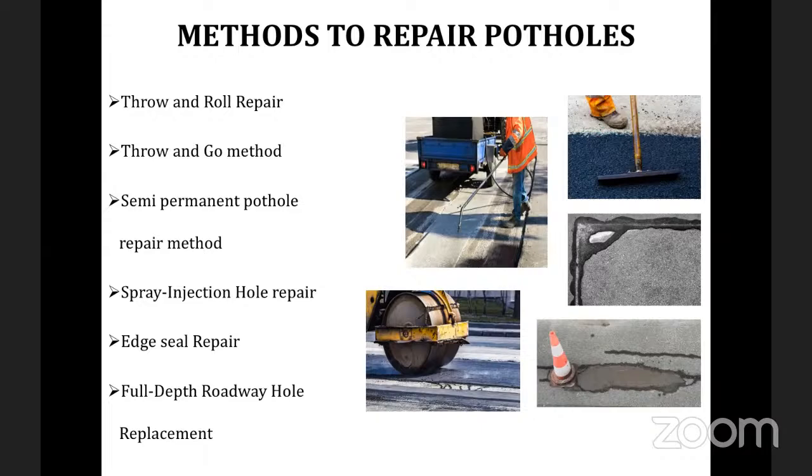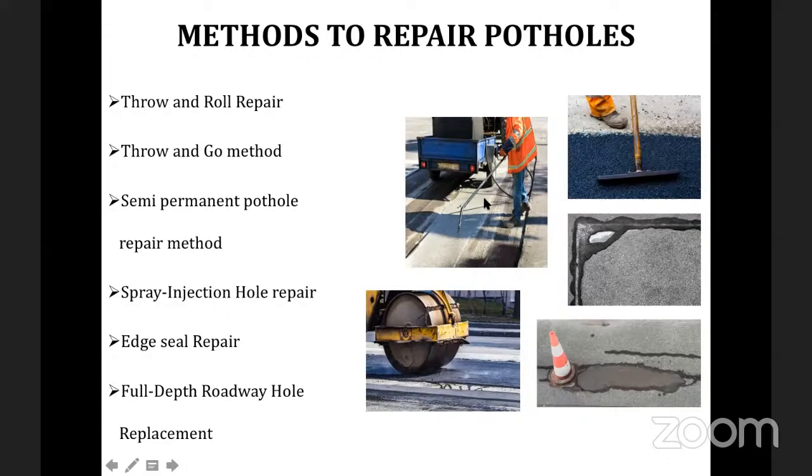Then the materials, the asphalt and the aggregates, will be blown into the pothole, and the patch area will be covered by the aggregate layer. Once it is done, they will once again put the tack coat on that, and they will open the traffic. So in the spray injection technique, the device will have virgin aggregates and heated emulsion. If you see here, the truck contains both the binder and the aggregate material.